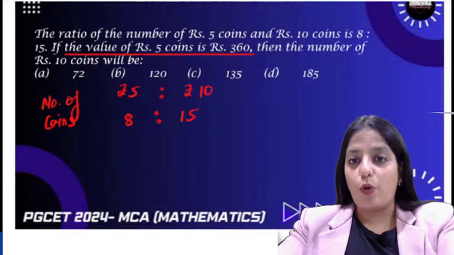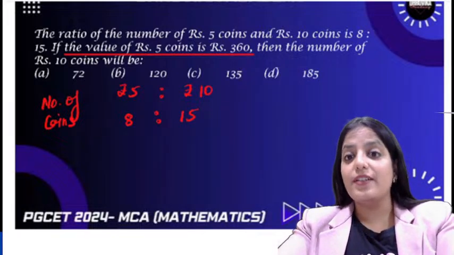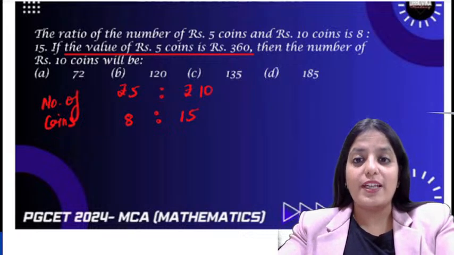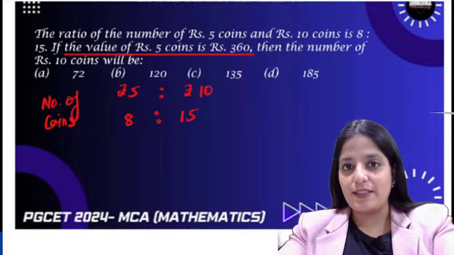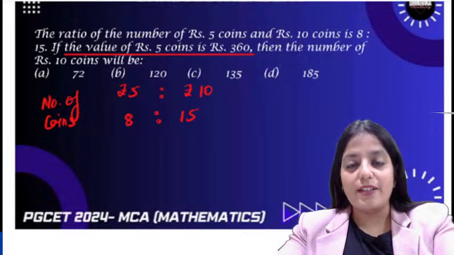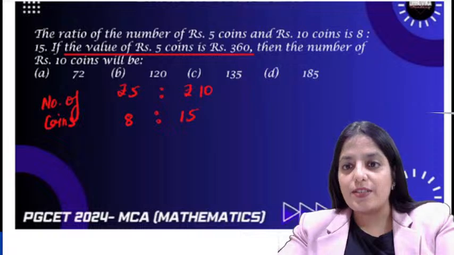That means rupees 5 coins together make 360 rupees. Now with this information, we can definitely find the number of coins of rupees 5, simply by dividing 360 by 5.